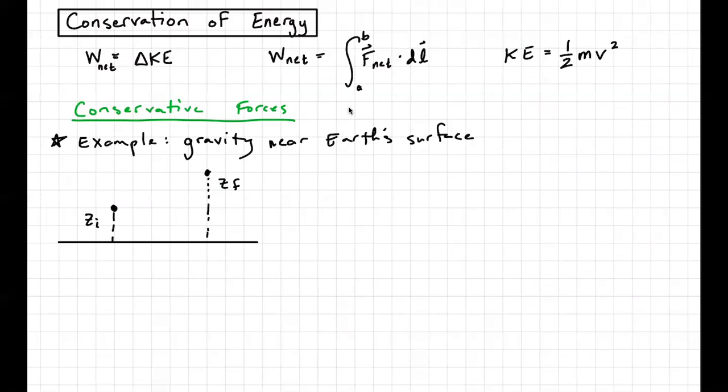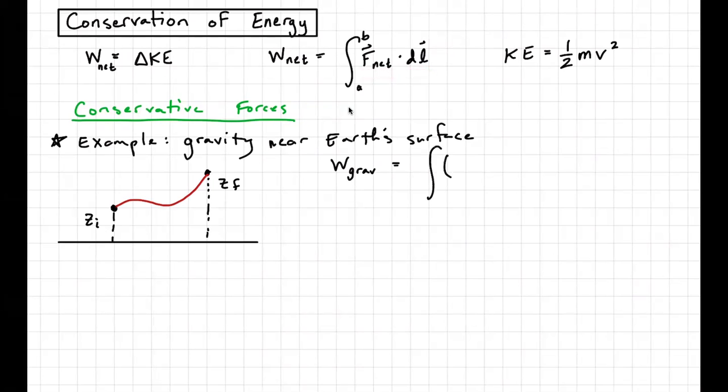If I have some object moving along some path between an initial and final position, then I can calculate the work done by gravity just by integrating the force of gravity dotted with the path length vector. So I'll plug that in.